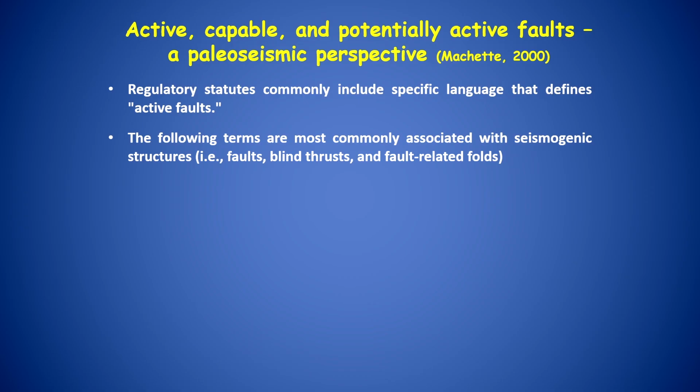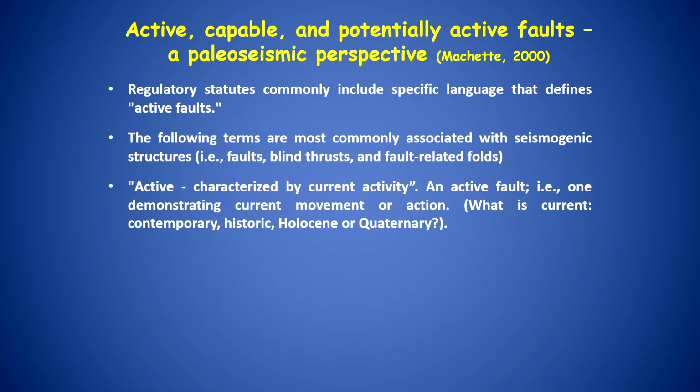The following terms are most commonly associated with seismotectonic structures. Usually we use faults, blind thrust and fault related folds. Now, active means characterized by current activity. As we have seen in the definition of active faults, the activity has remained alive for the last 10,000 years.